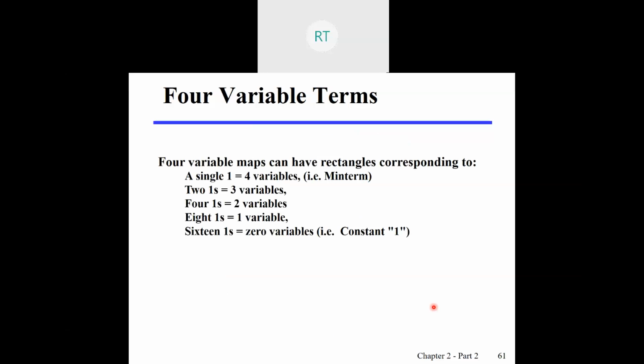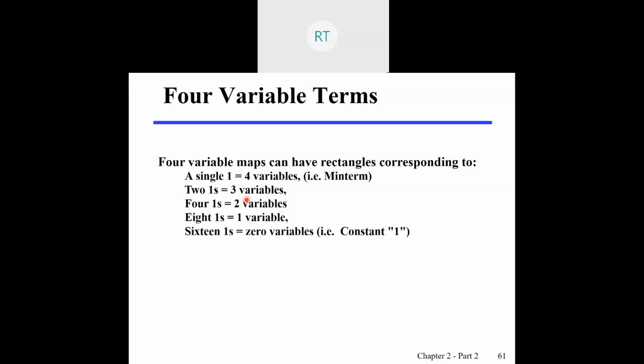When you are working on minimizing using k-maps, you try to find the adjacent ones available. As I said earlier, they have to be 1, 2, 4, 8, or 16 in the case of a 4 variable k-map. A single one gives you all 4 variables in the minterm.